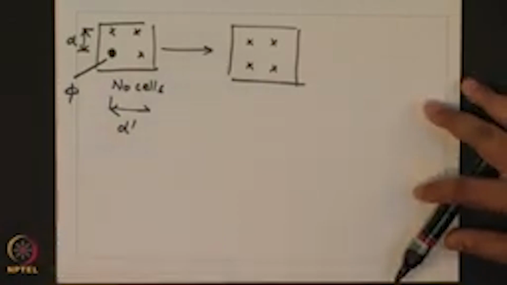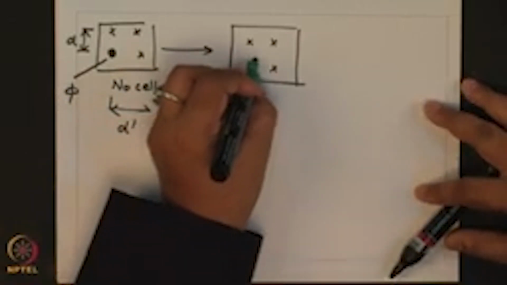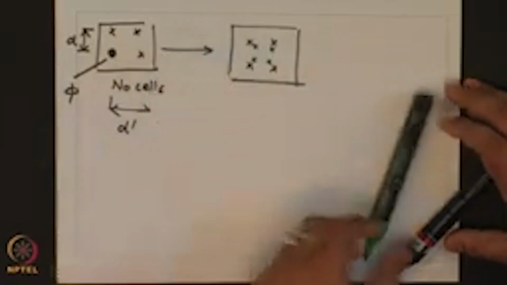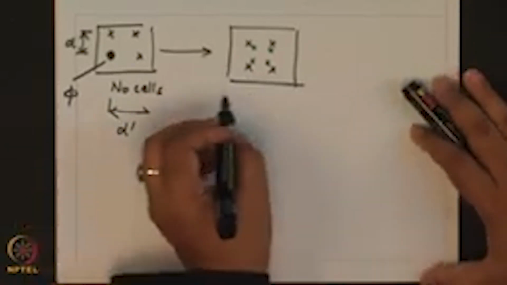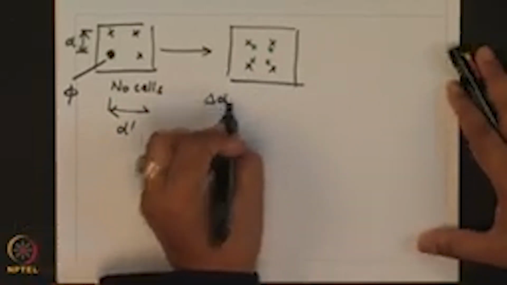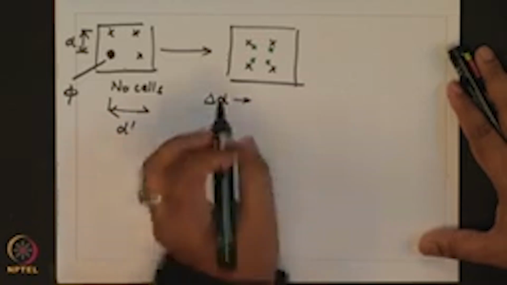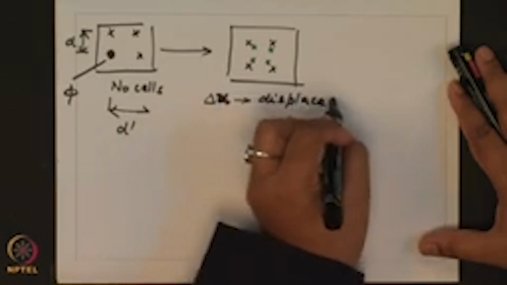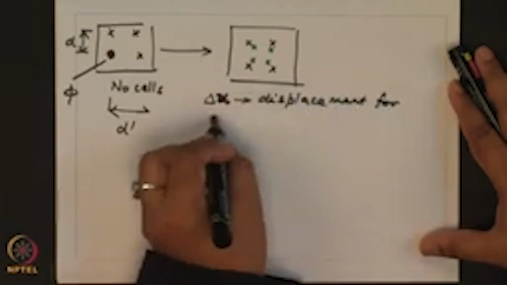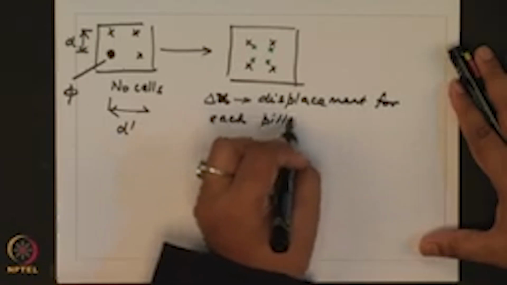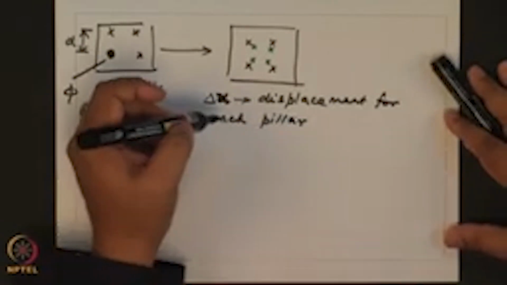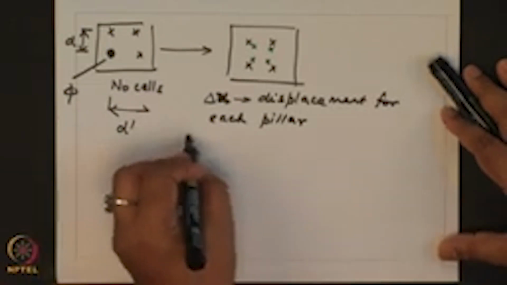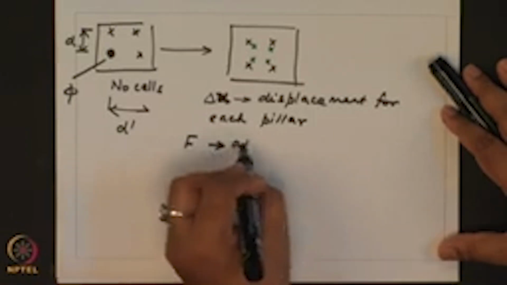If the cell were exerting contractile forces, then the tops would be displaced inward. For each of these pillars you can find out the displacement, delta x. Because you know the pillar displacement and if you know the stiffness of this material, then you can exactly determine the force at each pillar.